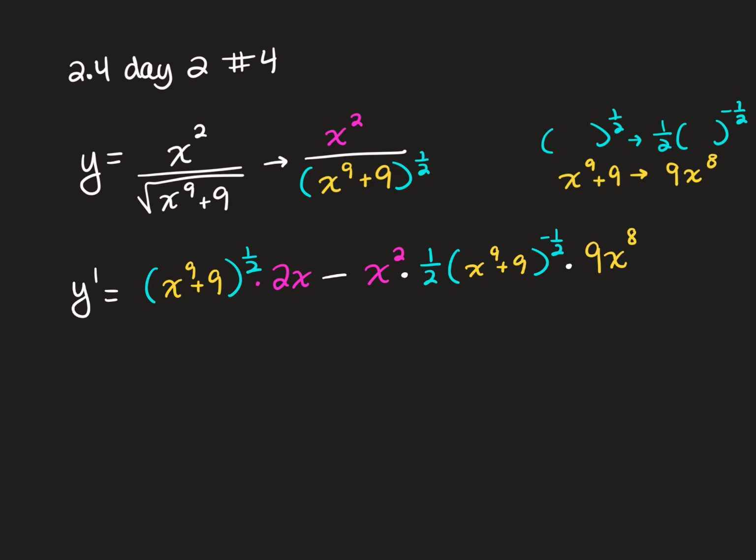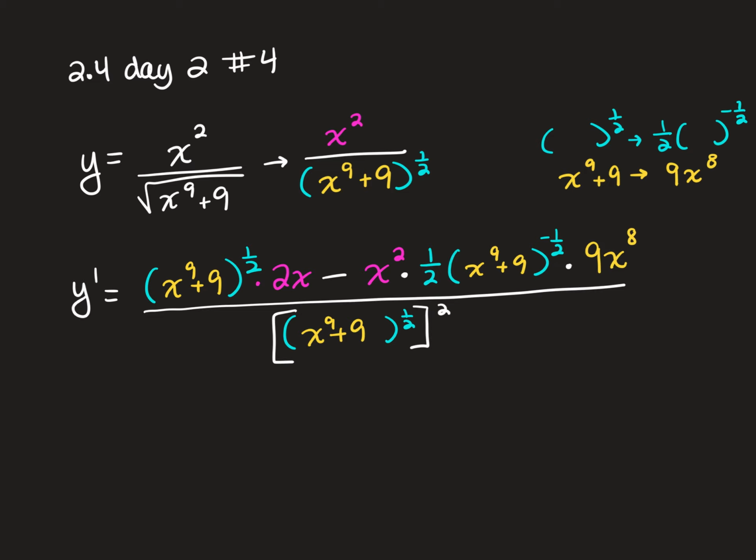And then all of that is over the low function squared. So we have x to the 9th plus 9 raised to the 1/2 power, and then all of that squared.